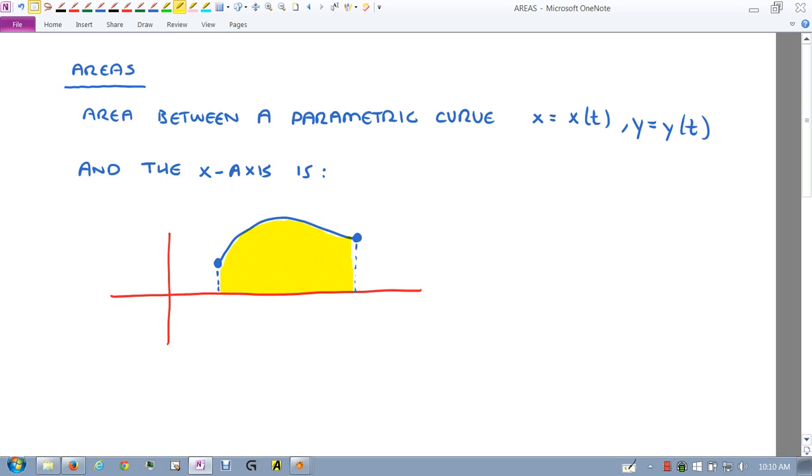See, the difference between this and what we had before is that that blue curve is not y equals f of x. That blue curve is this parametric. So what we need are two endpoints. Just like for integration, we needed two endpoints. So this thing needs to be defined right here, where t is between, let's say, a and b.